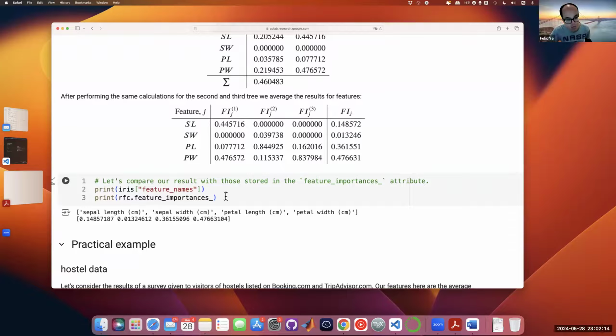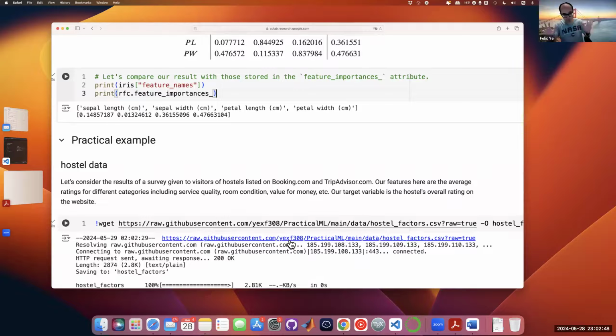You can also calculate the random forest feature importances, and you can see they match these values perfectly. This gives you some idea of how we calculate these quantities using an analytical method by hand, and we can compare this with the feature importances in the random forest.